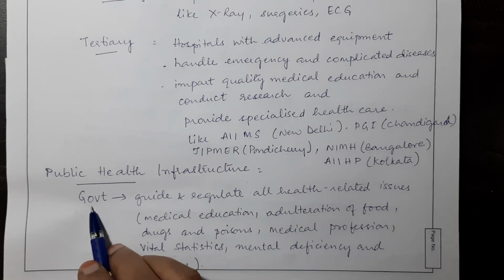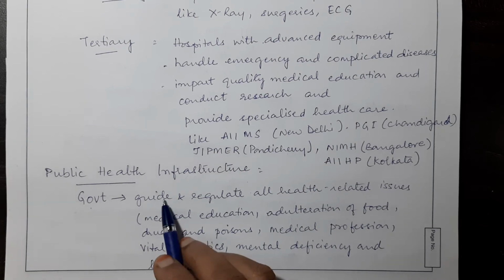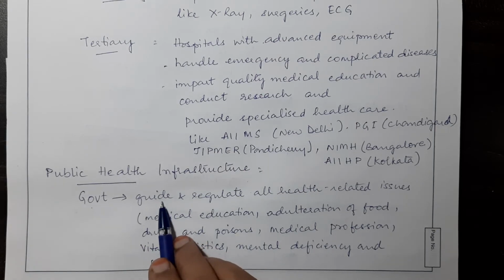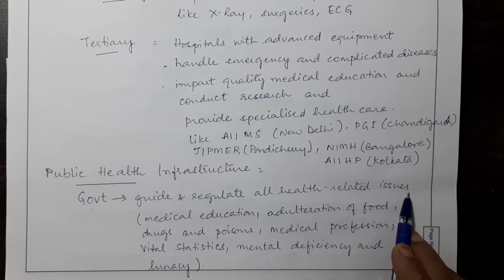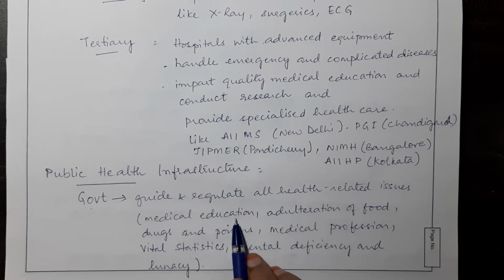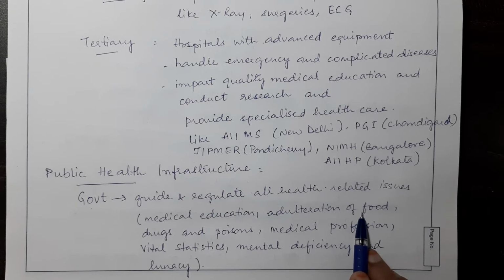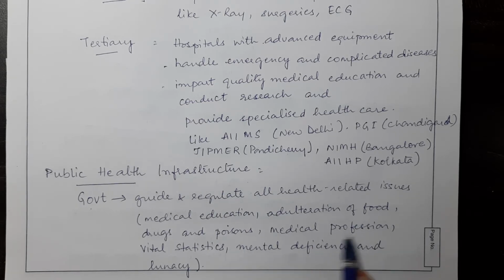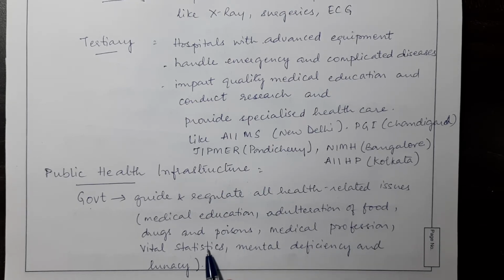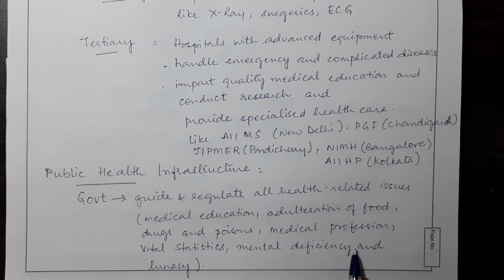The government has the constitutional obligation to guide and regulate all health related issues such as medical education, adulteration of food, drugs and poisons, medical profession, vital statistics, mental deficiency, and lunacy.